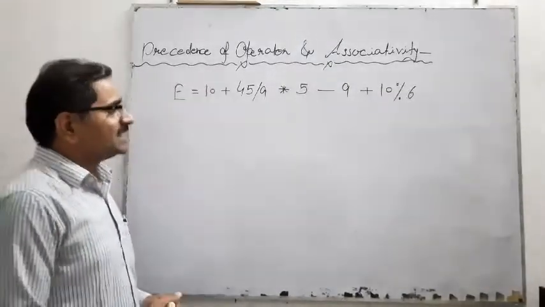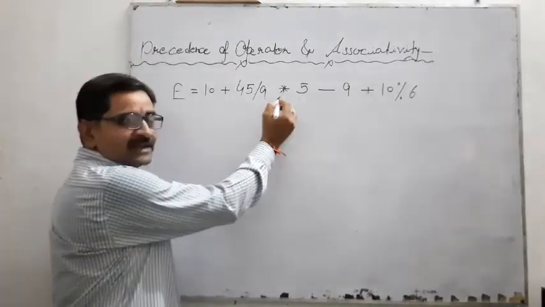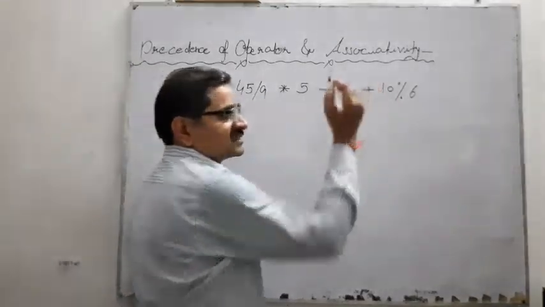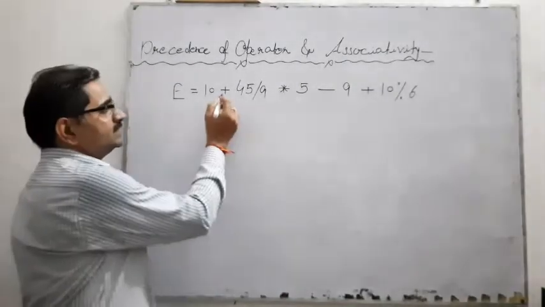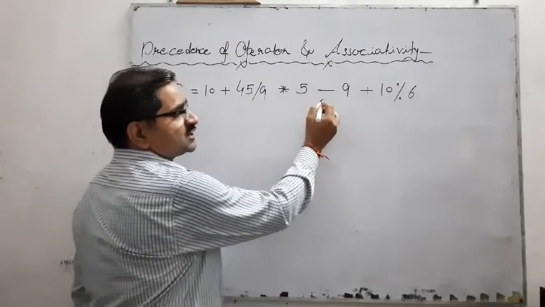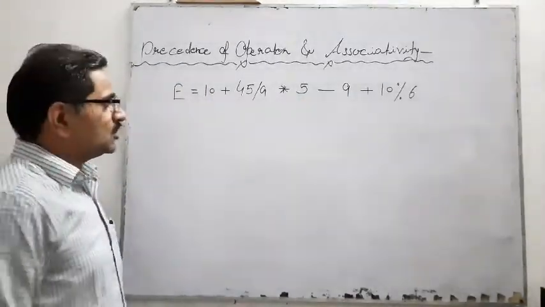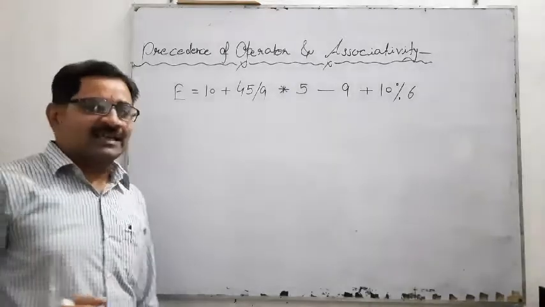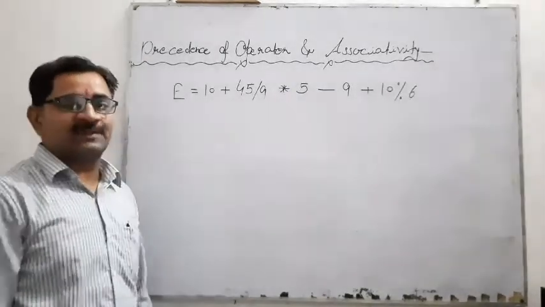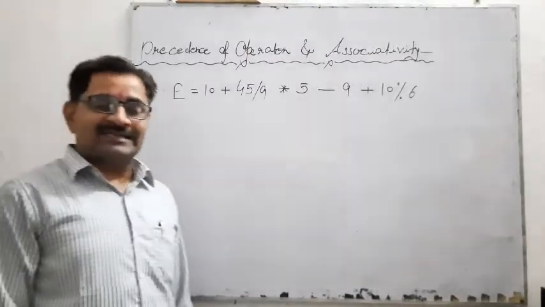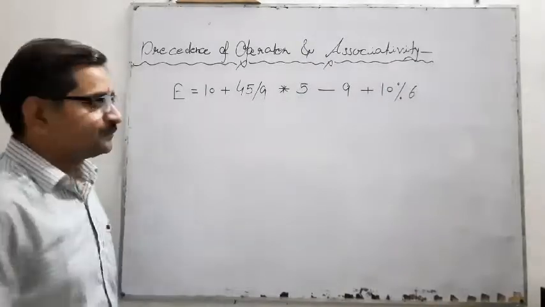Division, multiplication and modulus all have the same priority, and addition, subtraction, and addition again have the same priority. So finally the question is how we will get the result of this expression. Now we see the steps, and at last we will get the final result.